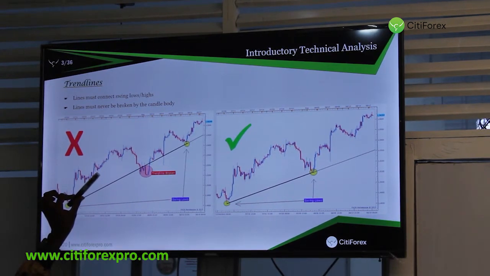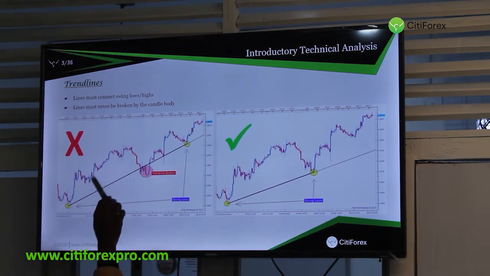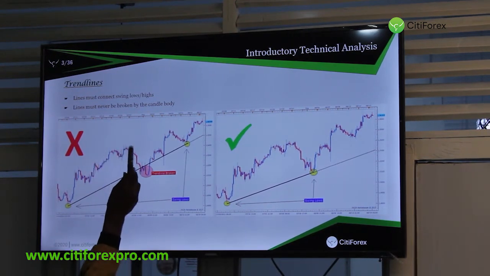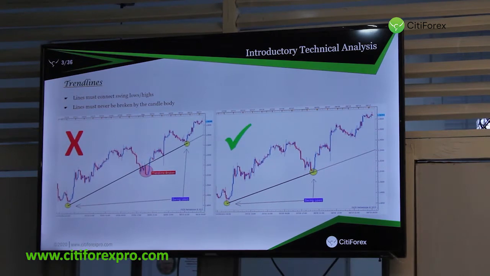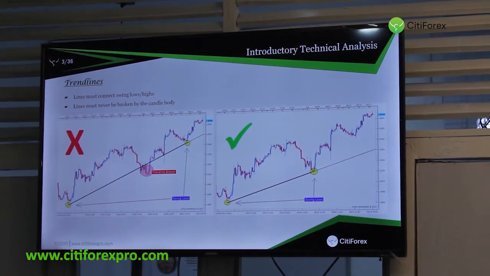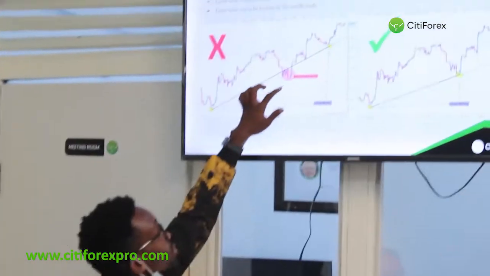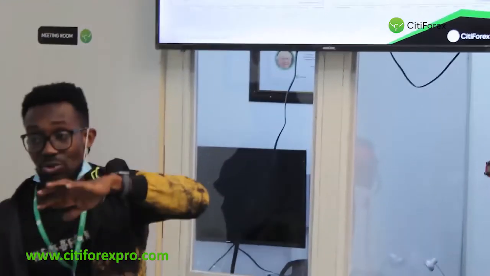Now, the moment they put a trend line here, that trend line gets broken. So you see that sometimes a break of a trend line might not necessarily mean, when we do reversals, that there has to be a break of a trend line. That you have a trend here and it's broken doesn't necessarily mean that the trade must reverse.